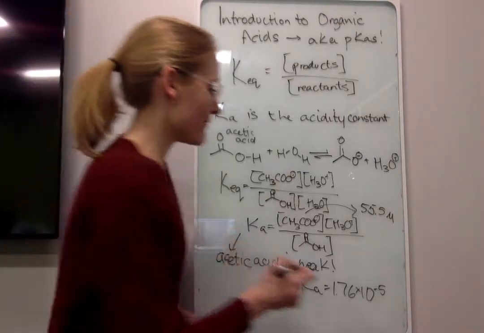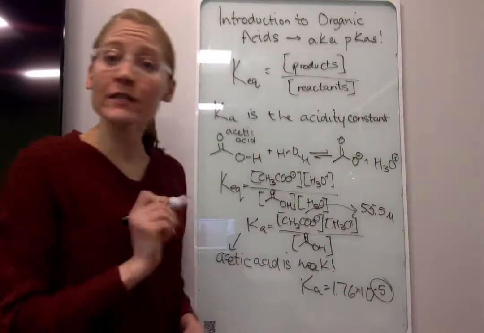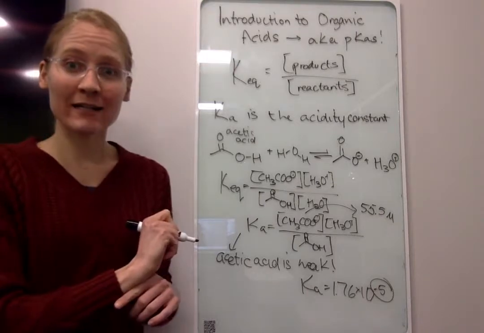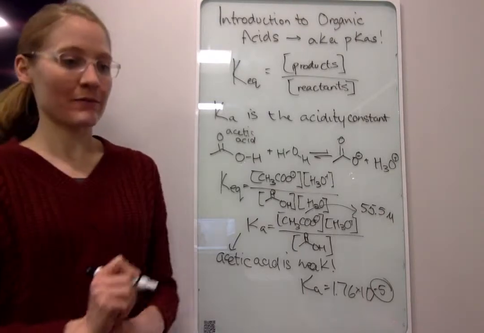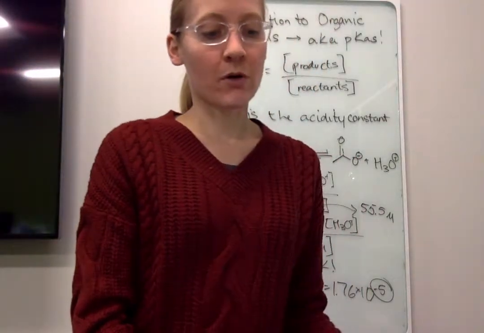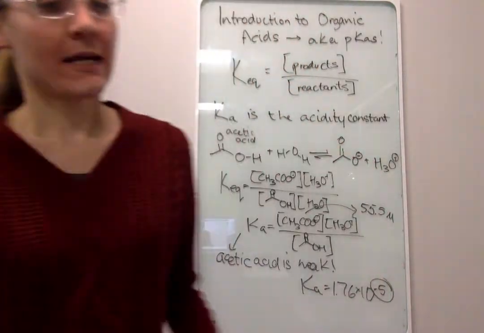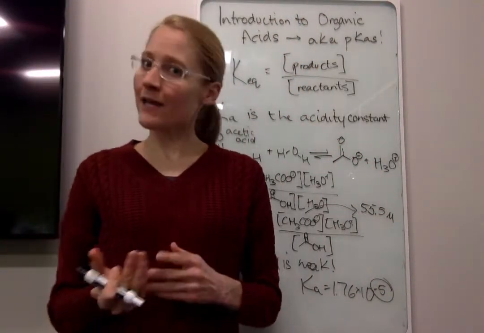And now this negative 5, that's really what we're concerned about. That is where the pKa comes from. So pKa is the negative log of Ka.